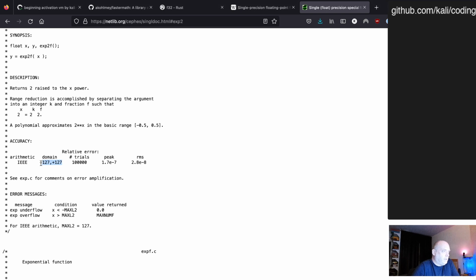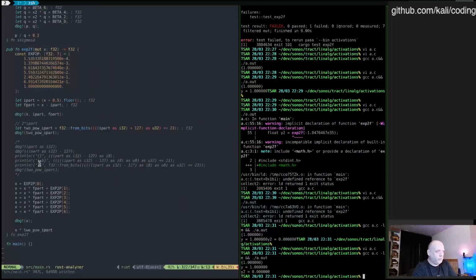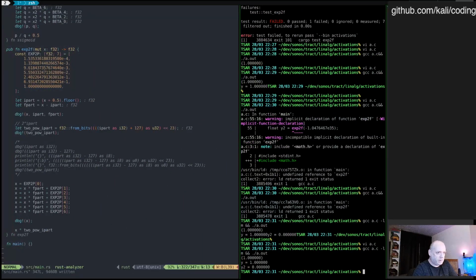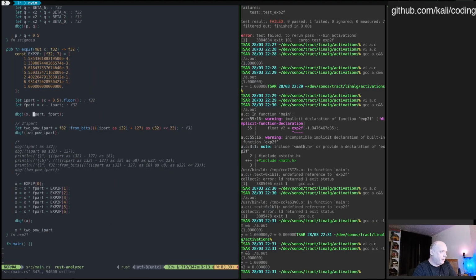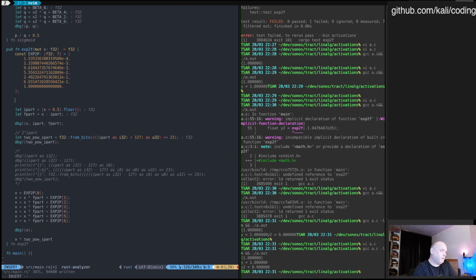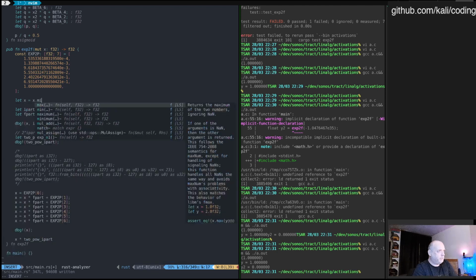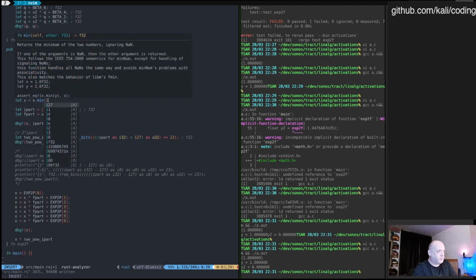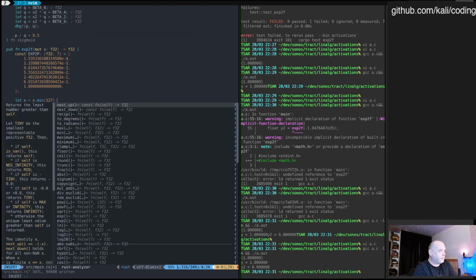It's not defined out of this, I think. So the way to deal with this, I guess, would be to clamp x min 127, 127 max.